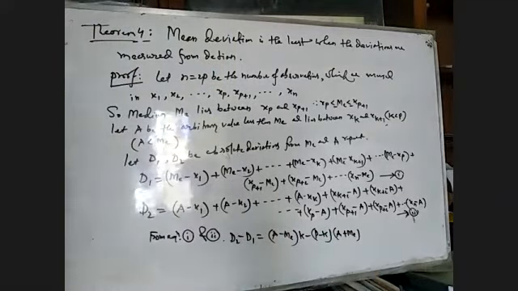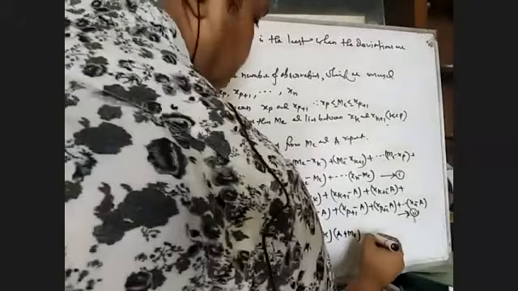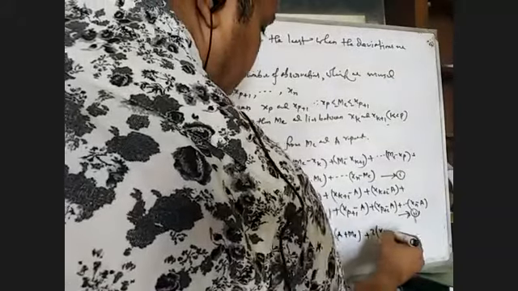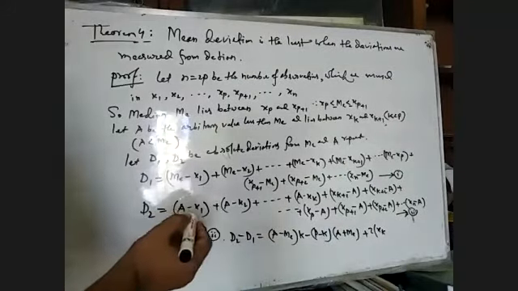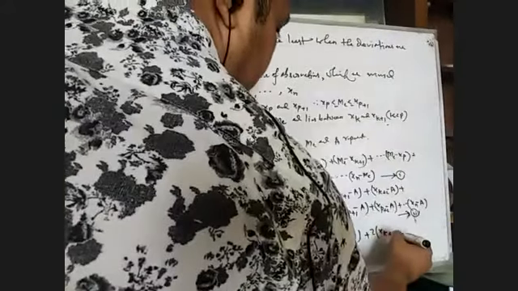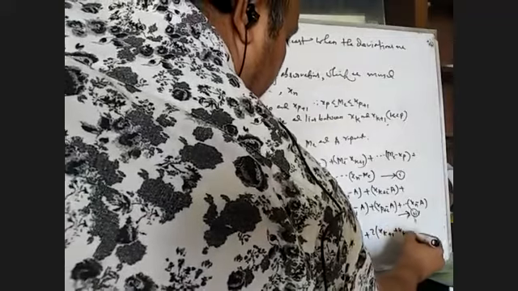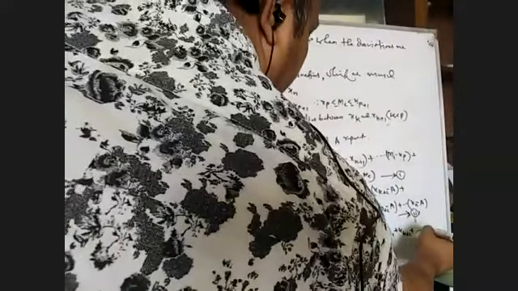Here a is the arbitrary value and me is the median, plus twice xk plus 1 plus xk plus 2 plus dot dot up to xp, plus p into median minus a.